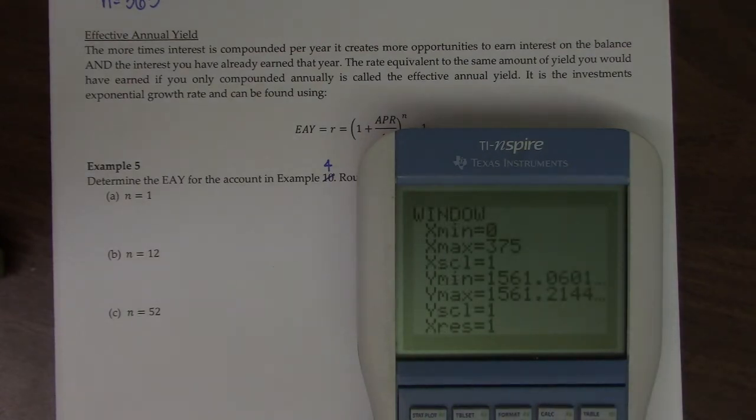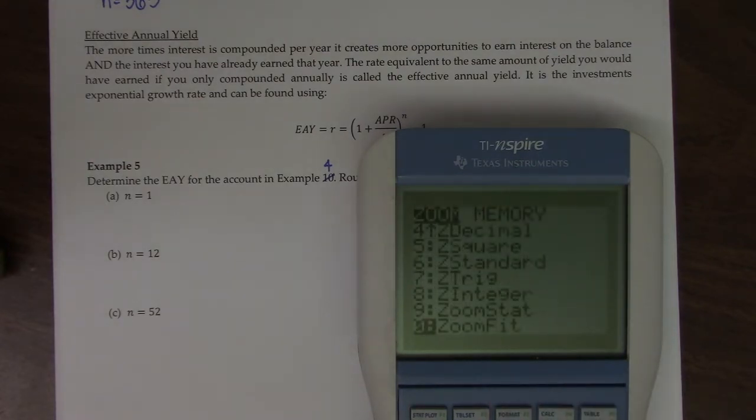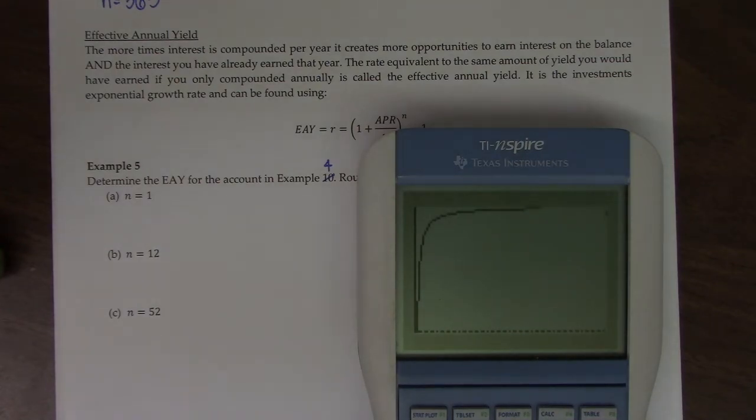I'm only going out to 52, so we're going to take this from 0 to 60, and then zoom fit. There's my graph. Now I can go to second calculate and enter values.